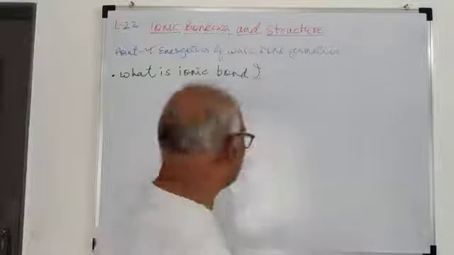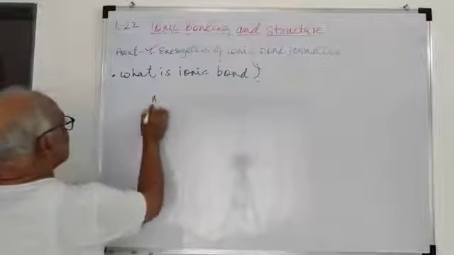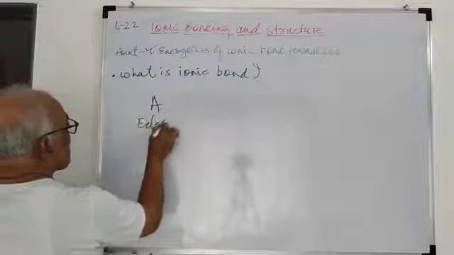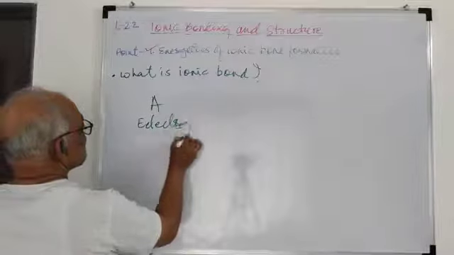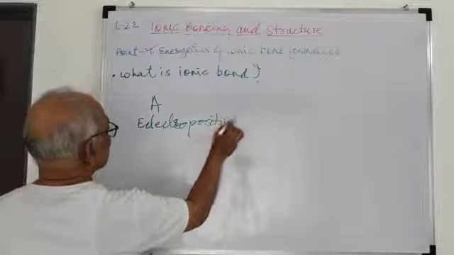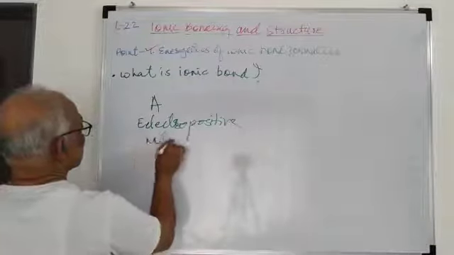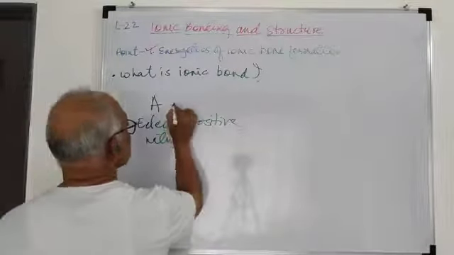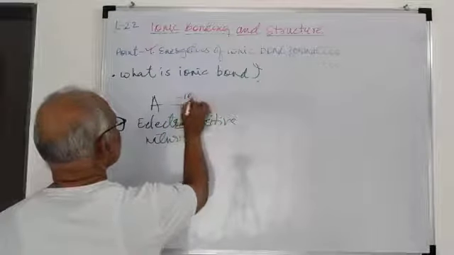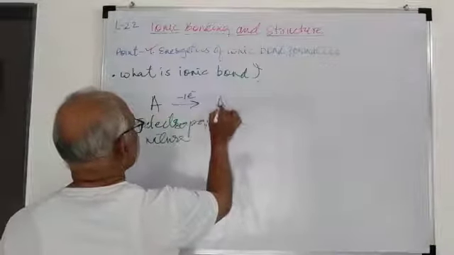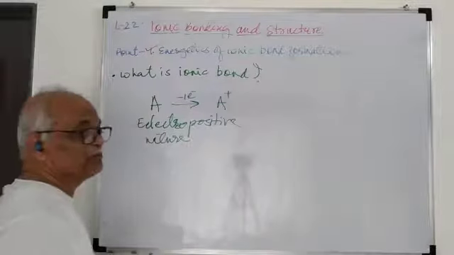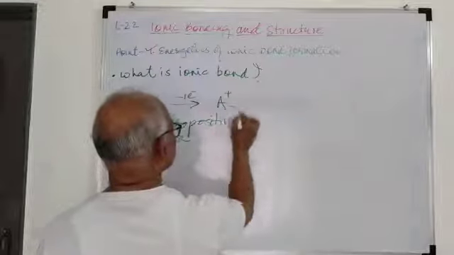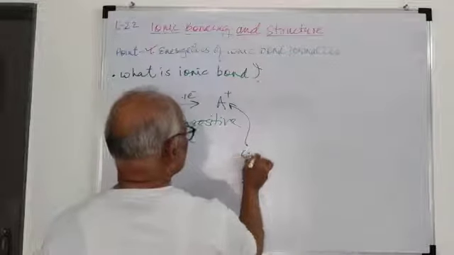We can consider a simple general example. Say A is the atom of electropositive nature. This atom has a tendency to lose one electron and form an A plus ion, which is called a cation.